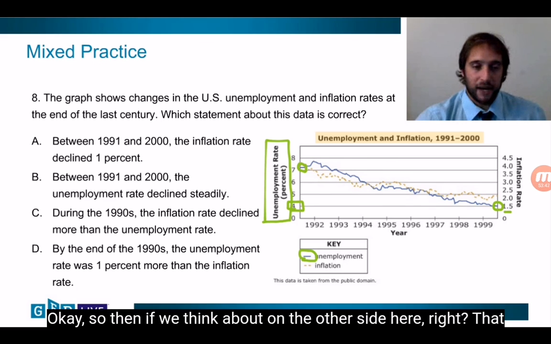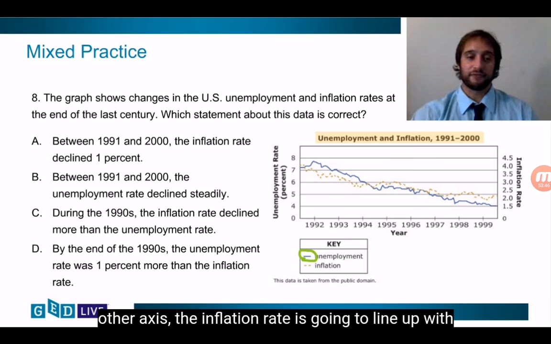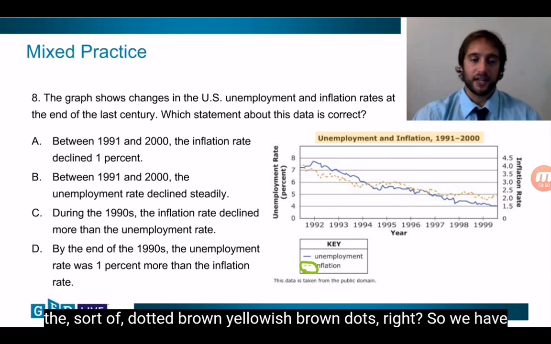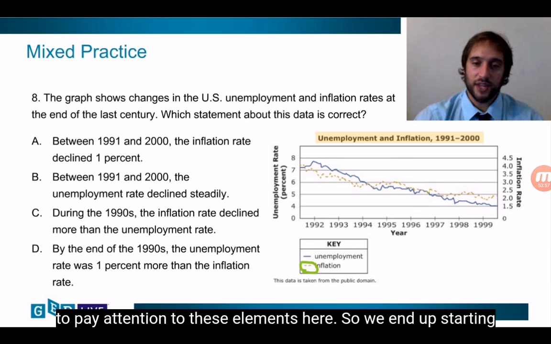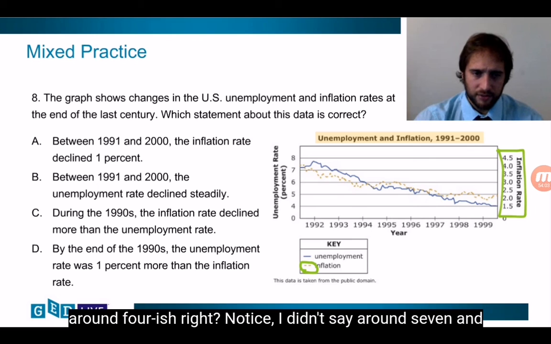Okay, so then if we think about the other axis here, the inflation rate is going to line up with the dotted yellowish brown dots, right? So we have to pay attention to these elements here. So we end up starting around 4-ish, right?